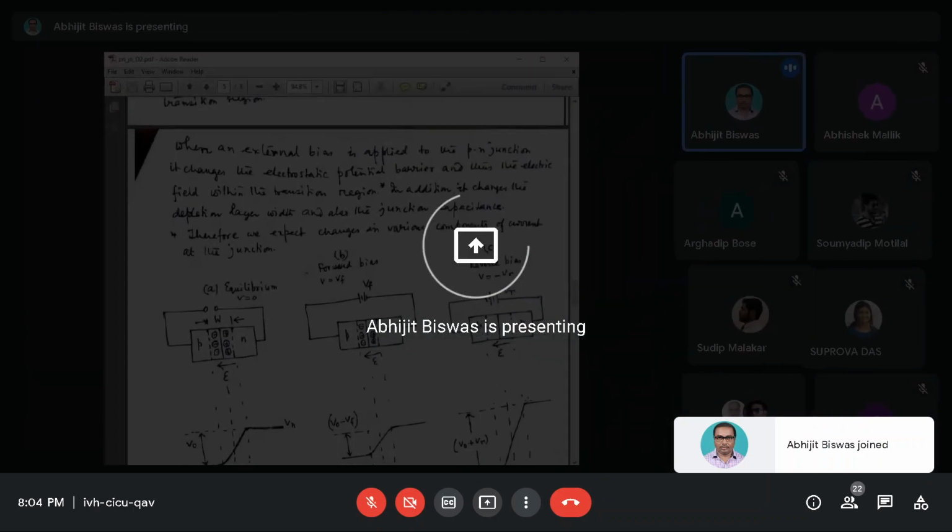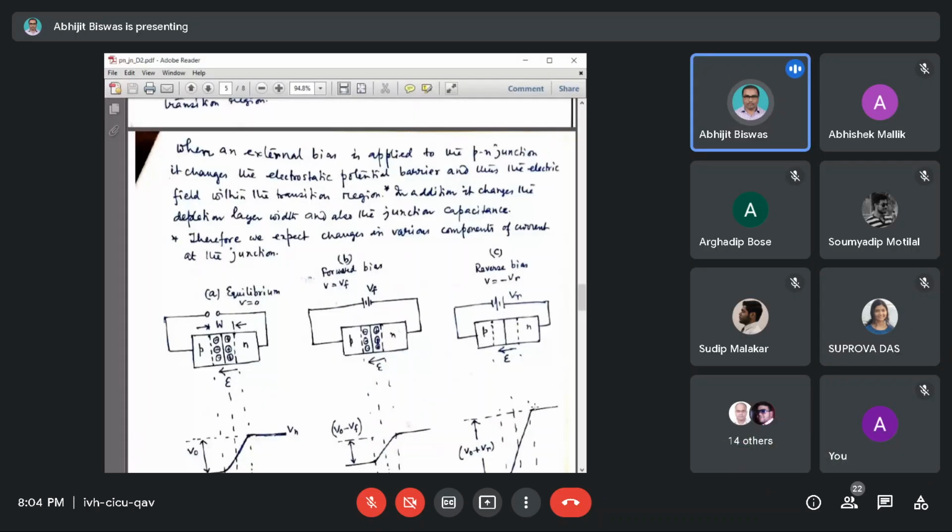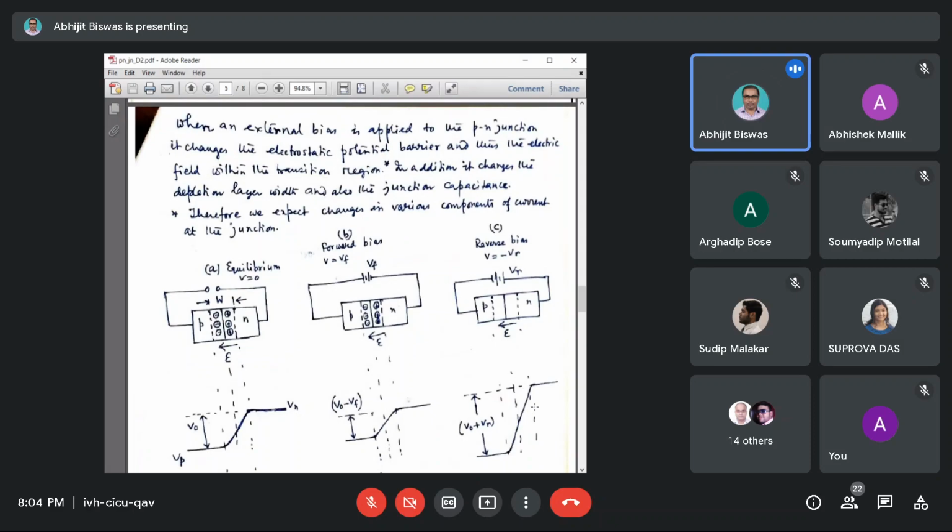Now, if we apply an external bias to the PN junction diode, what happens? It changes the electrostatic potential barrier, and therefore the electric field within the depletion region, and hence you can expect that there will be changes in various components of current that flow through the junction.